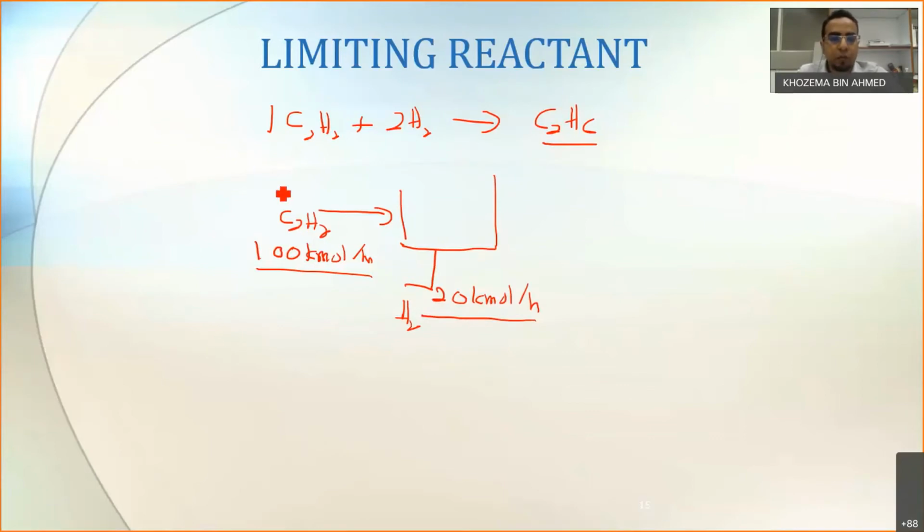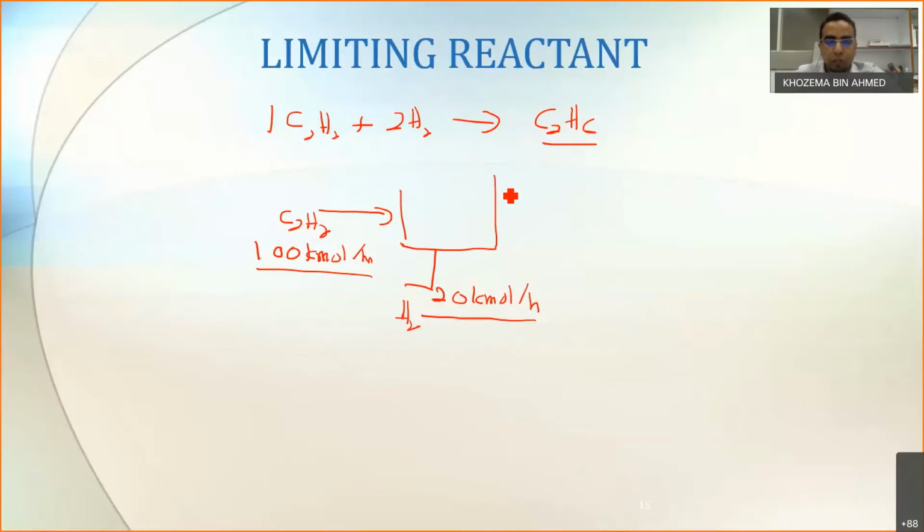Again, looking at the stoichiometric ratio and coefficients, 1 mole of C2H2 will react with 2 moles of hydrogen to produce 1 mole of C2H6.